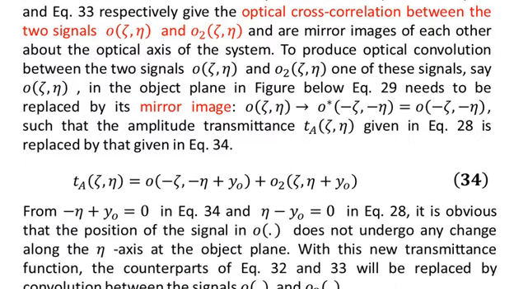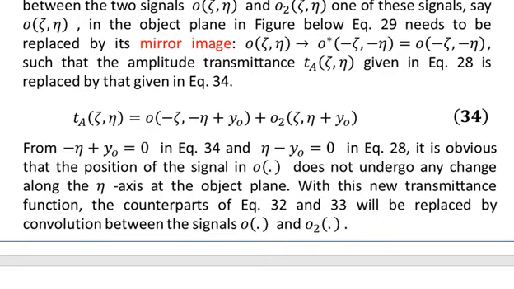Okay, so you see that once we carry out this mirror image transformation for the object O, the amplitude transmittance TA at the zeta and eta plane given in equation number 28 is now replaced by that given in equation number 34. So we have represented the modified amplitude transmittance of the object because O will be replaced.